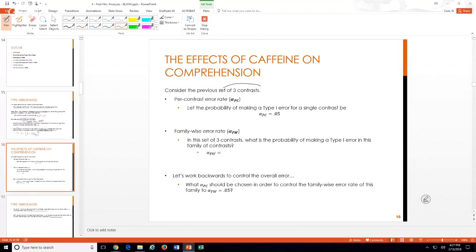So we did 3 contrasts. Hypothetically, let's say that each one of them was done at alpha 0.05. That's probably initially what we would have done. Well, in that set of 3 contrasts, the overall family-wise error rate would be 1 minus 0.95 to the 3rd power. Can somebody do that calculation?